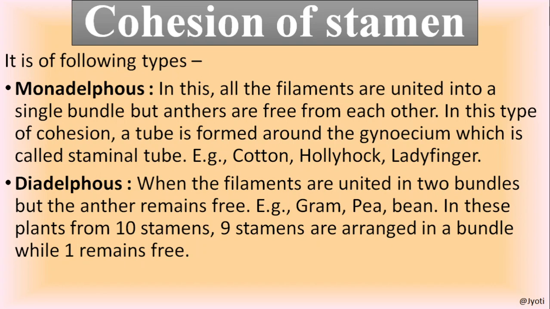Then diadelphous. So here the stamens are forming two bundles. This is seen in family Fabaceae, where 10 stamens are present, out of which 9 stamens are fused to form a single bundle and 1 is free.